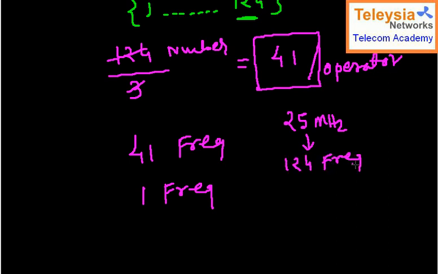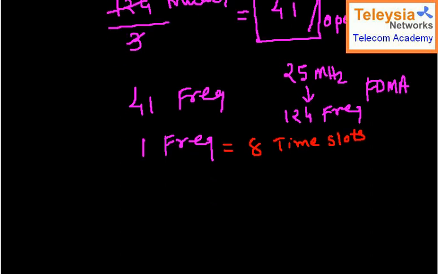So what we did already is FDMA. We have divided our band into different frequencies. Now for each of those frequencies, again we divide into 8 time slots. So one frequency is equal to 8 time slots.